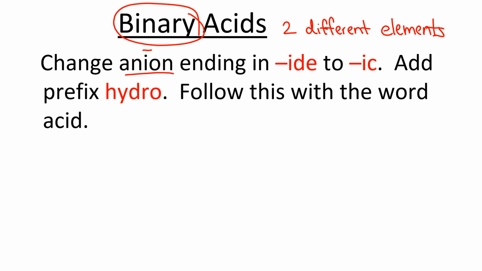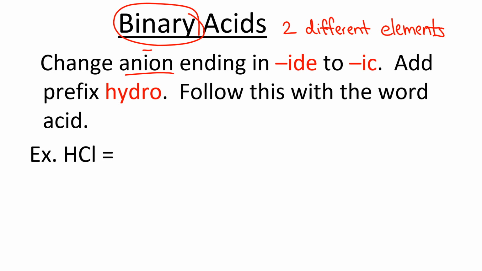And then we will add the word acid. So let's look at an example. Which of these two elements, H or Cl, which one is the anion? Cl. If I was naming this based off of ionic rules, what would that Cl be called? Chloride.